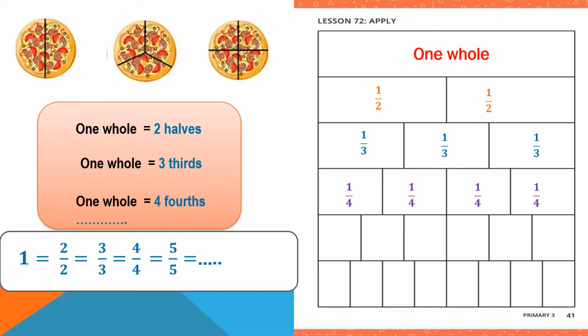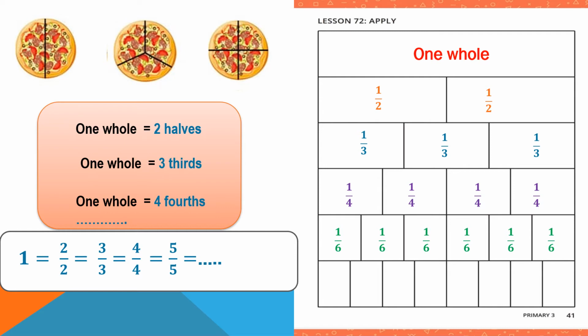Here we have 1, 2, 3, 4, 5, 6. 6 equal parts. So each part will be 1 over 6, or 1/6. So we have here 6/6.